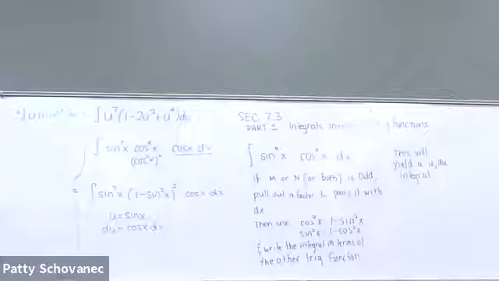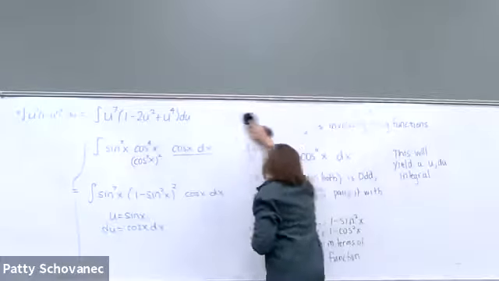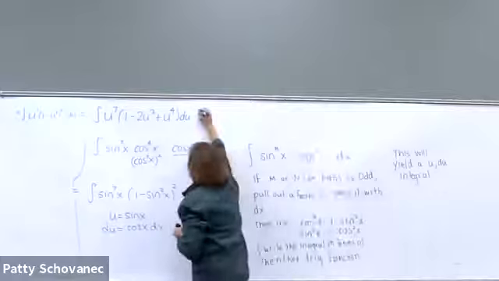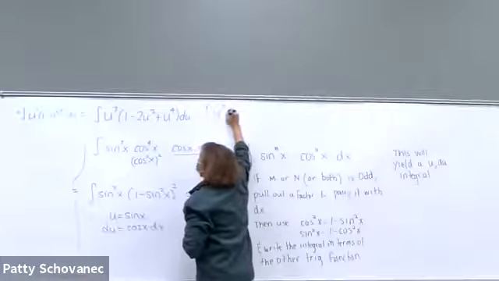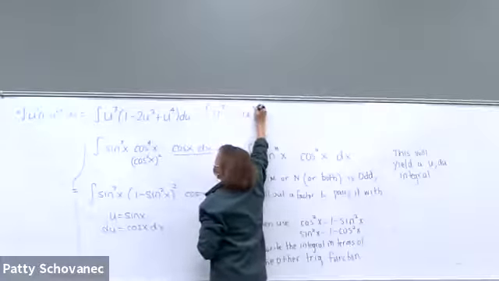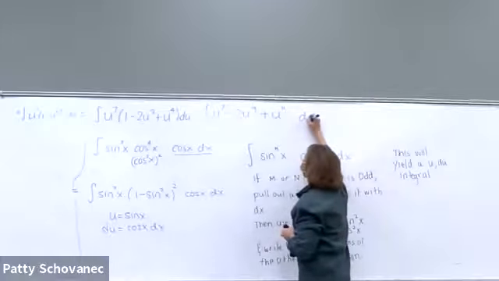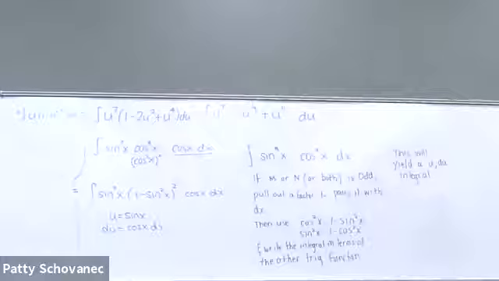Then I got to send the u to the 7th through the parentheses. Keep going across the top of the board. And I got u to the 7th minus 2u to the 9th plus u to the 11th du. Got rid of the product.